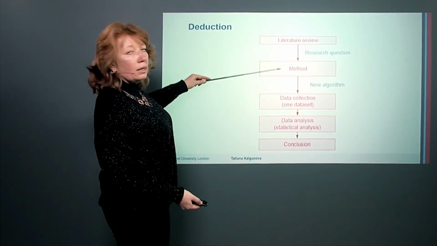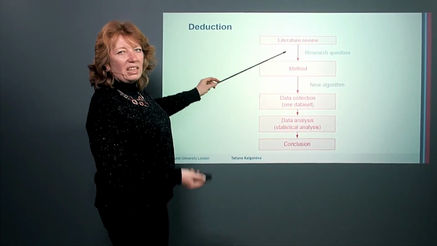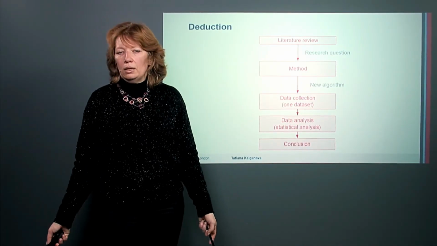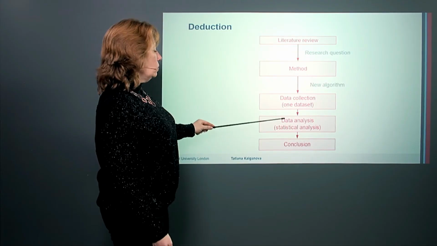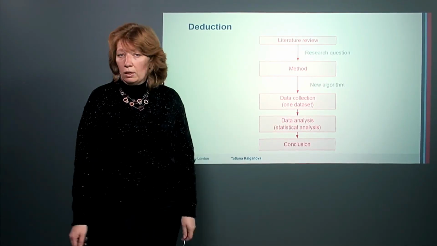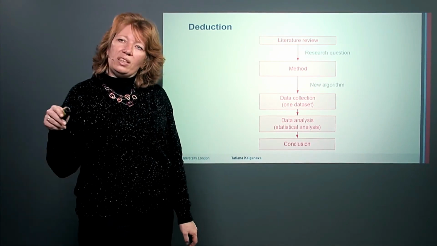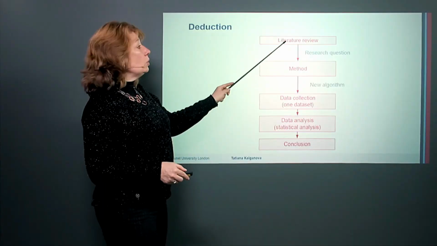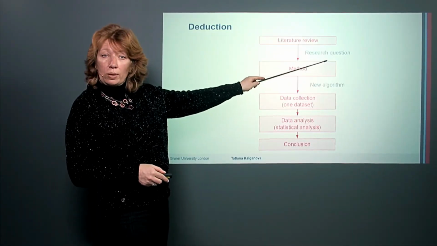So our theory, our particular method, will be tested based on our data collection using one data set, for example. Later on, based on data analysis, we will do statistical analysis and lead to a conclusion. Can you see, in our deduction process, we still started with a literature review first, which led to the formulation of our research question.